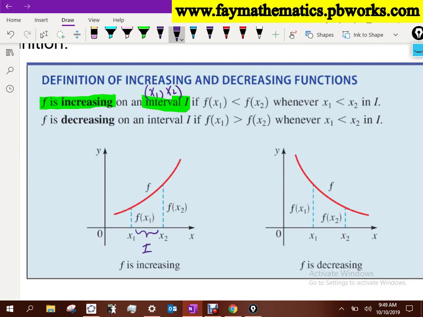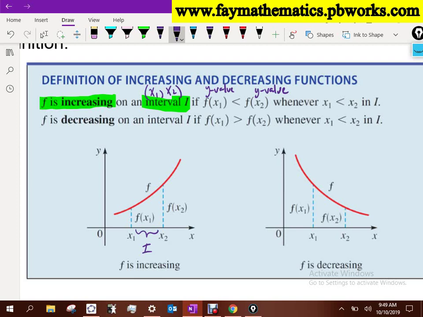Remember, this is a y value, f of x sub 1. That y value is less than this y value, okay? When the x's that you chose were in that relationship where x sub 1 came first on your number line and x sub 2 came second. Does that make sense?